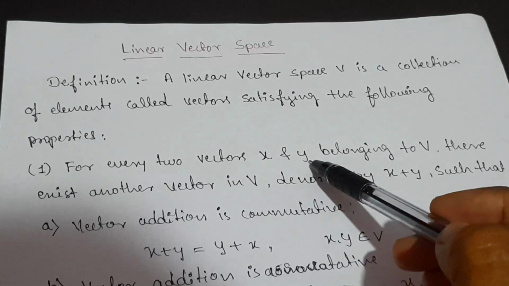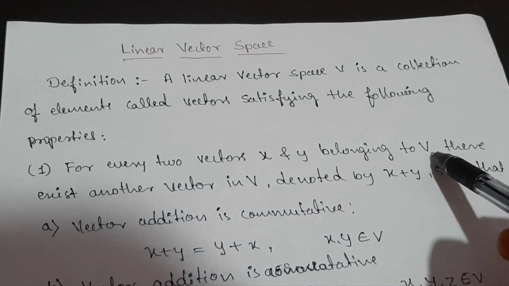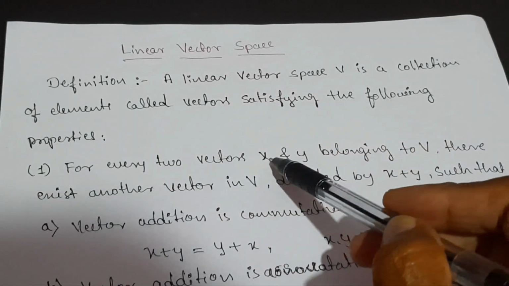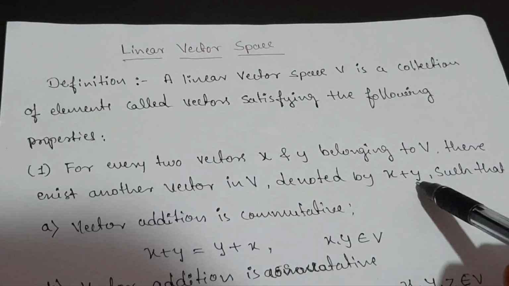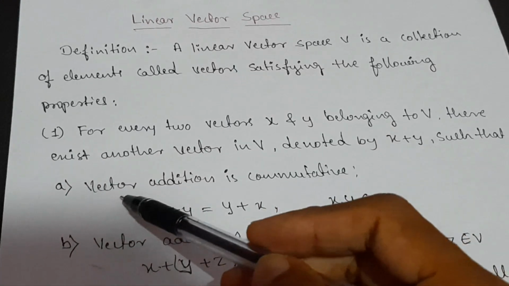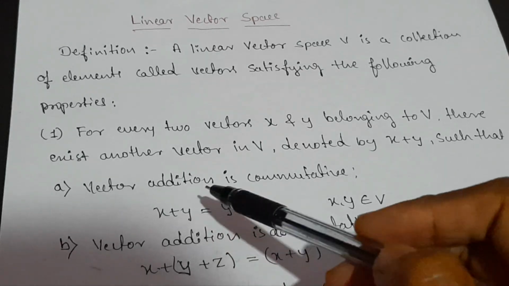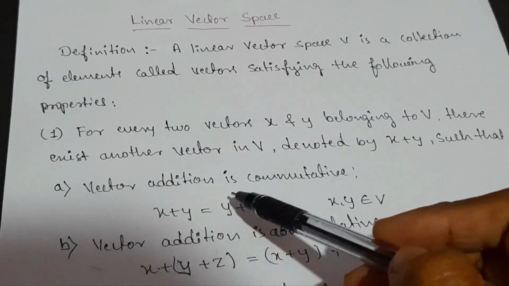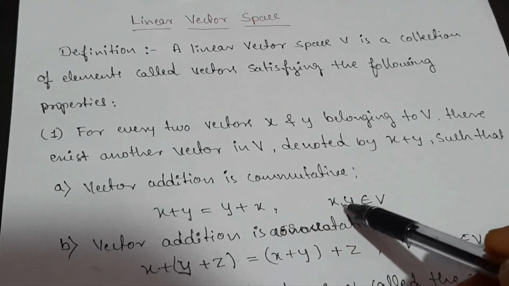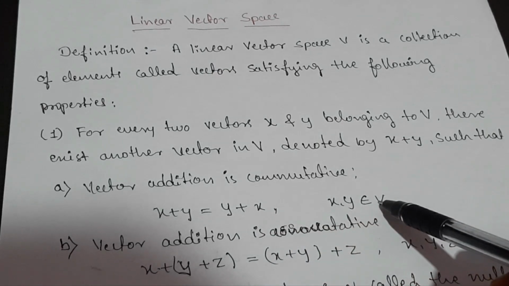So x and y are vectors belonging to vector space V, and there exists another vector which is the addition of these two, that is x plus y. First rule: vector addition is commutative. That is, x plus y is equal to y plus x, where x and y are elements belonging to vector space V.